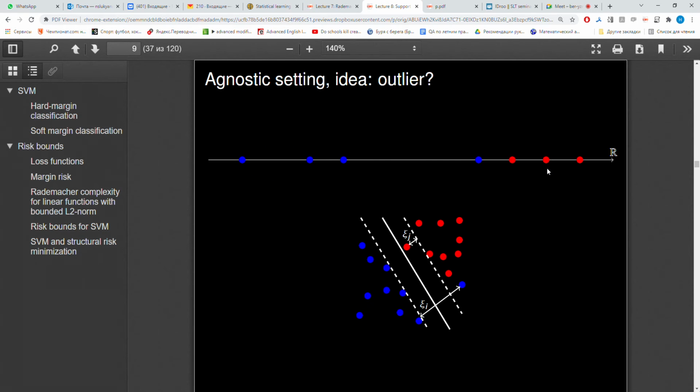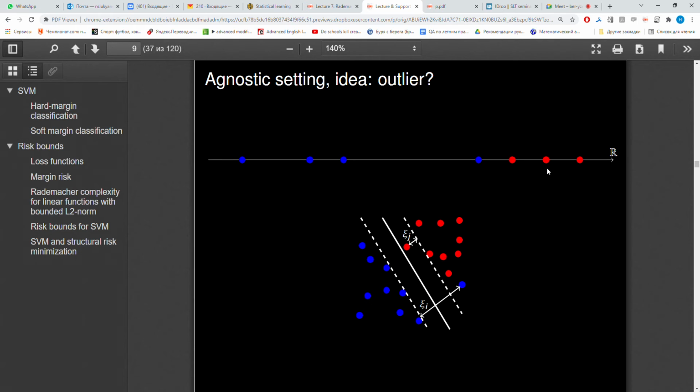Okay, but our previous talk was dedicated to the realizable setting, because we had an assumption that we can split all our training sample elements by using the hyperplane. But sometimes, of course, we have no such possibility.